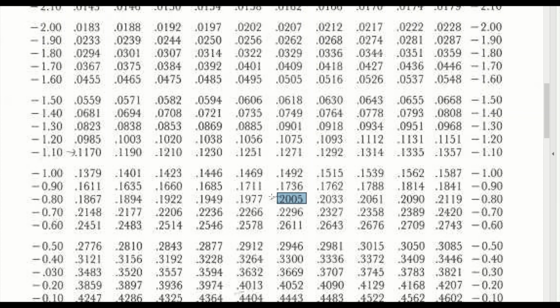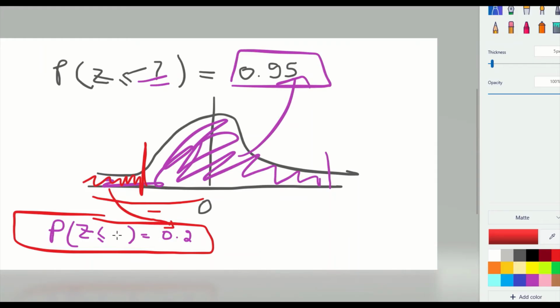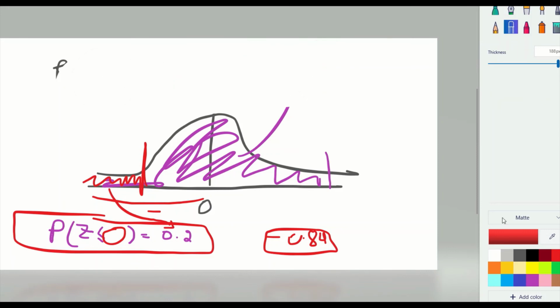Negative 84. Okay? So here, you're going to have negative 0.84.